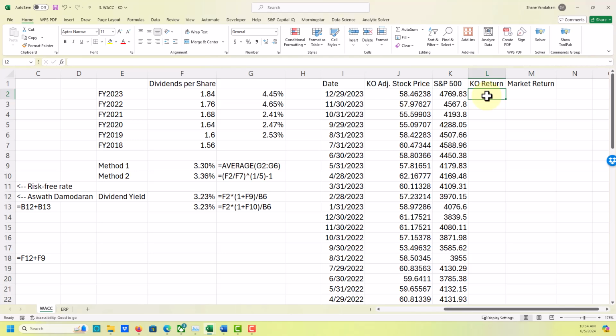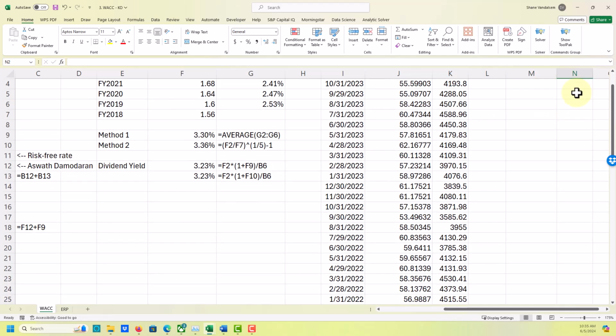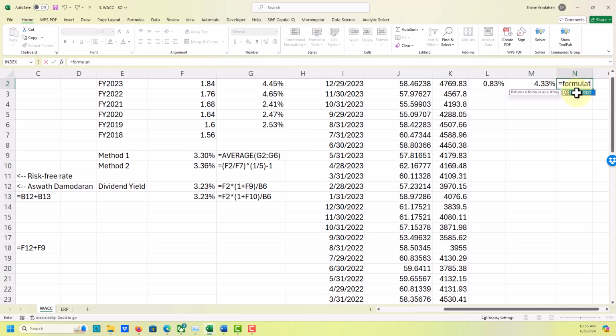So what we're going to do is take the natural log of the monthly price, or the price at the end of the month, divided by the price at the end of the month for the previous month, just like that. And then I'm going to change the format to make it look nice. And then we're going to have over here the return for the market. I'm just going to drag that over. And again, I'll just put the formula text here so you can see the formula that's being put in that cell.